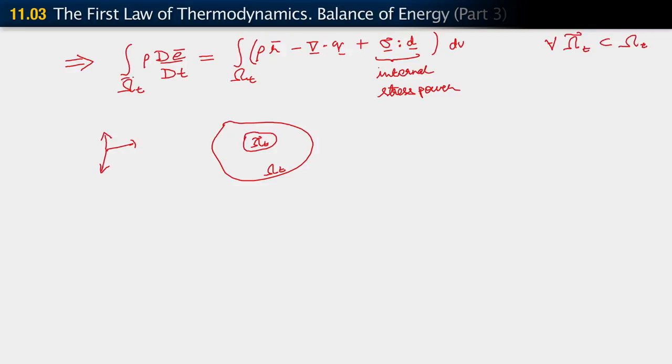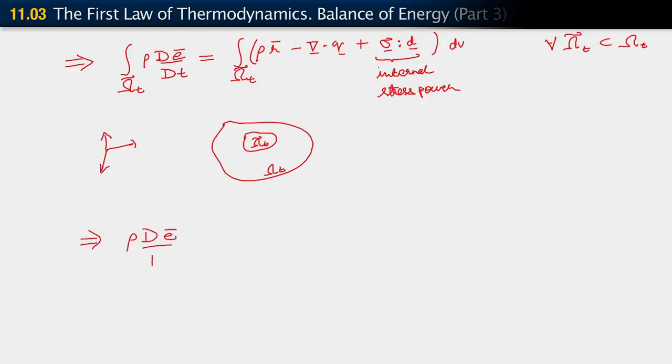And since it holds for all omega t tilde, I should make that domain of integration omega t tilde. We've gone before through this sort of argument. The only way that can hold is if those integrands vanish, or the integrands are equal.